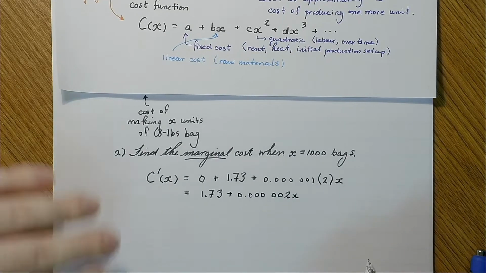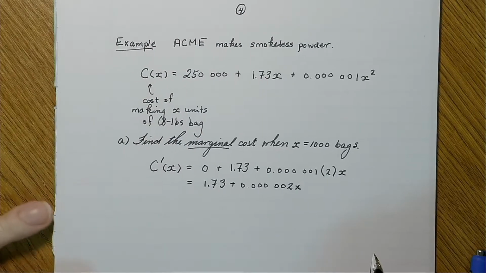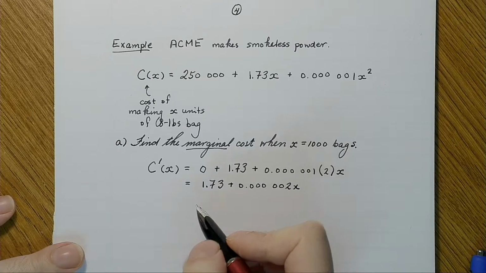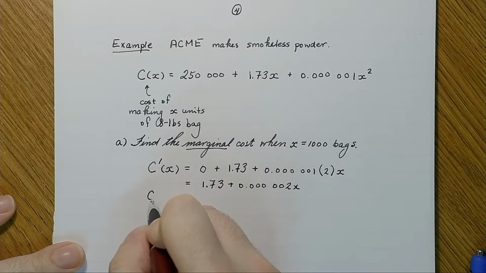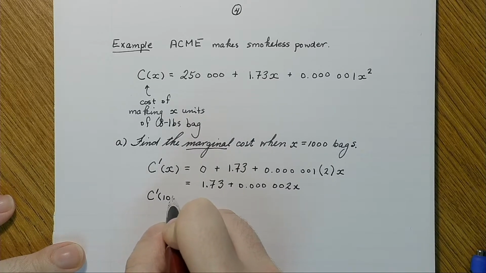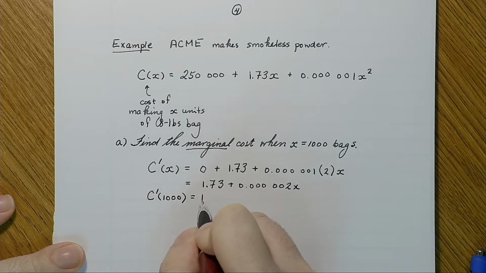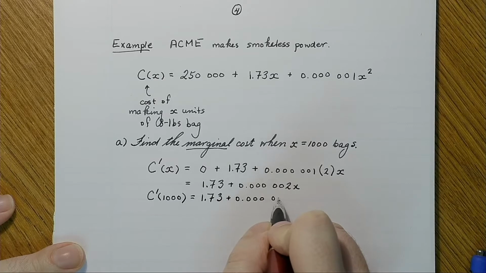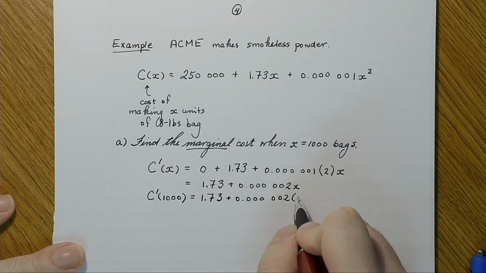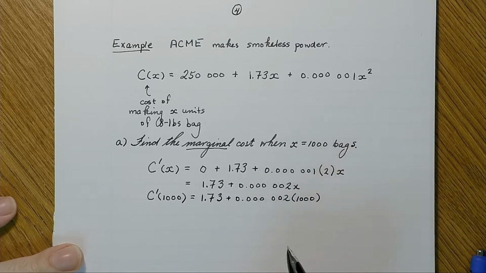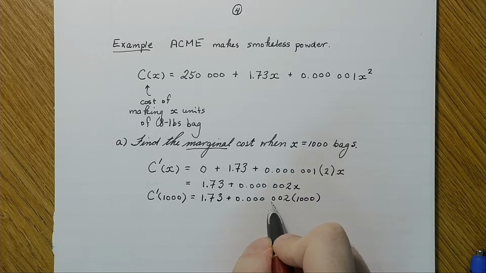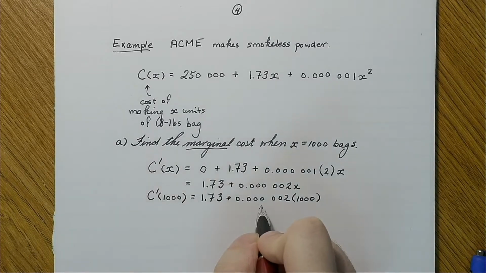Okay. Then we need to figure out what the marginal cost is when x equals 1,000. So substituting in. So by doing that, it shoves this 1, 2, 3. So the 2 should be here then.